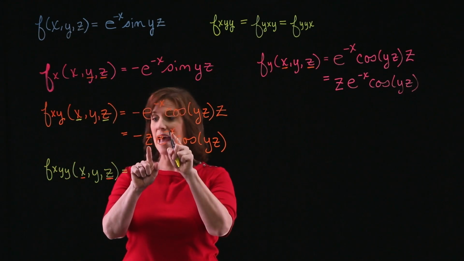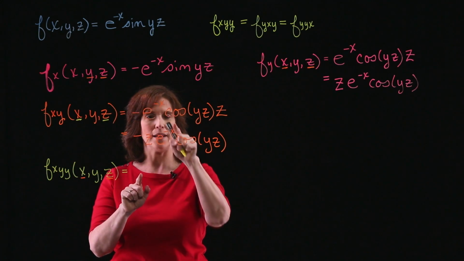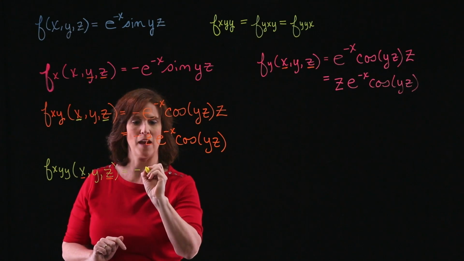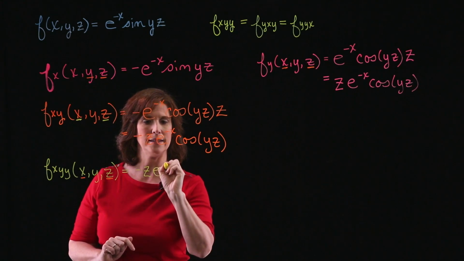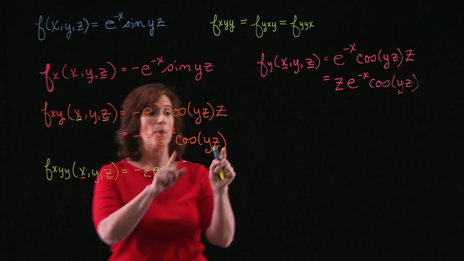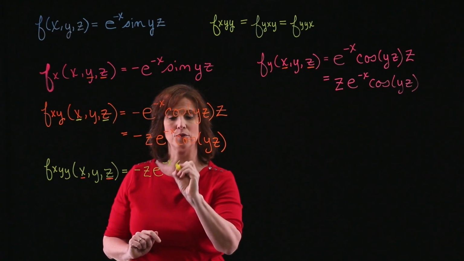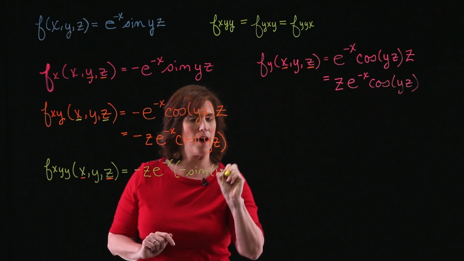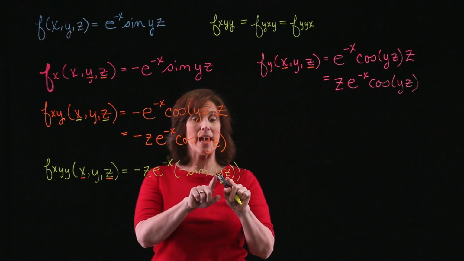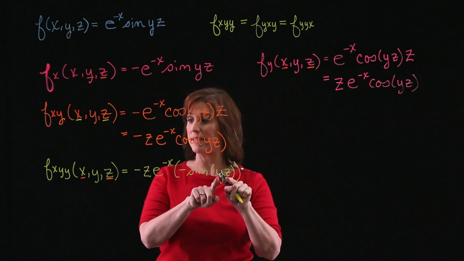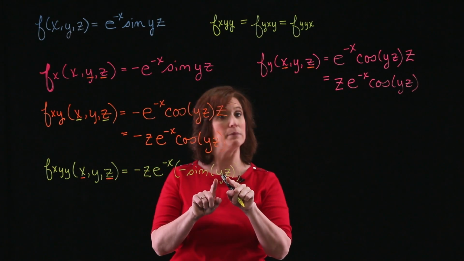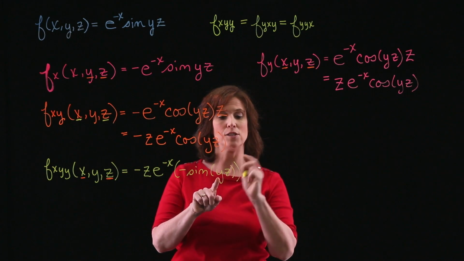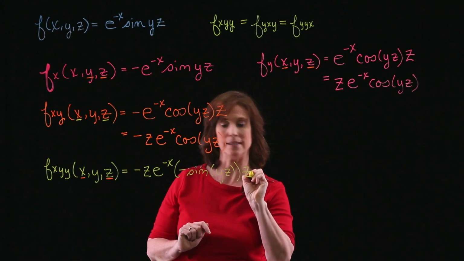Because z and x are constants, this whole piece right in here is just a big constant. So that'll be minus z e to the minus x. And when I differentiate cosine, the derivative is minus sine of yz. And I need to take the derivative of yz. Again, I'm treating z as a constant, and I'm differentiating with respect to y. So this will be times z.